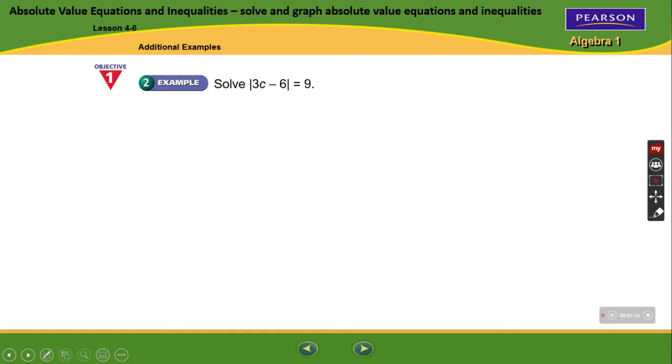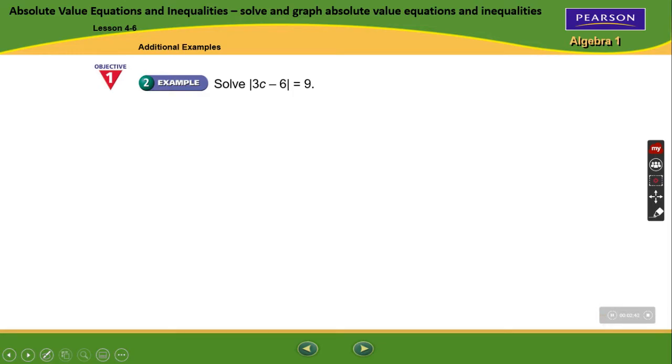The next problem says solve the absolute value of 3c minus 6 equals 9. The entire thing on the left, the absolute value of 3c minus 6, is going to equal 9. So what two things have an absolute value of 9?